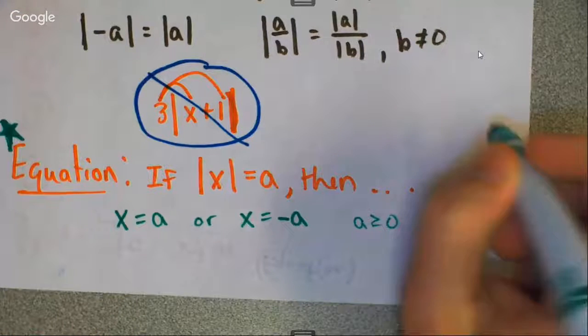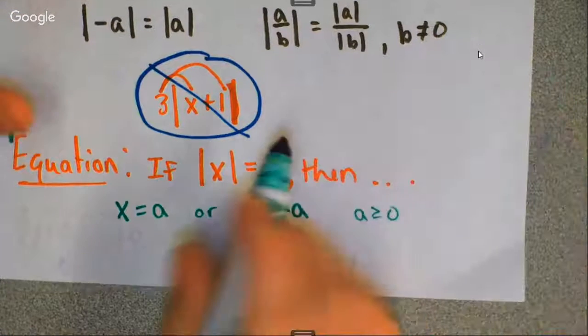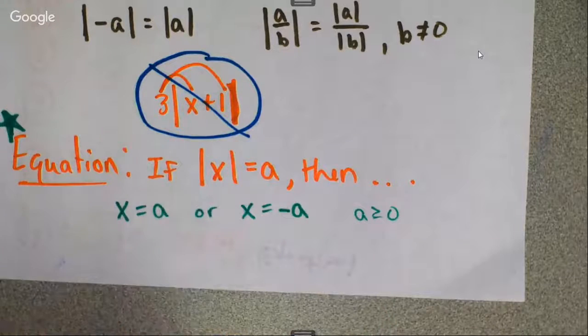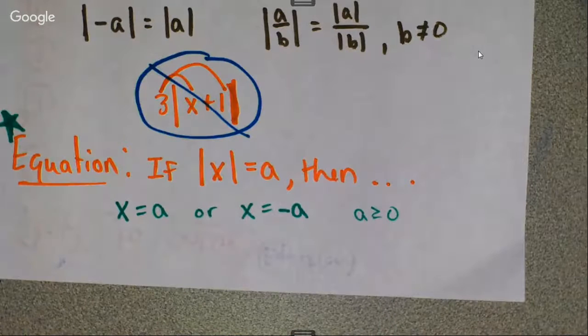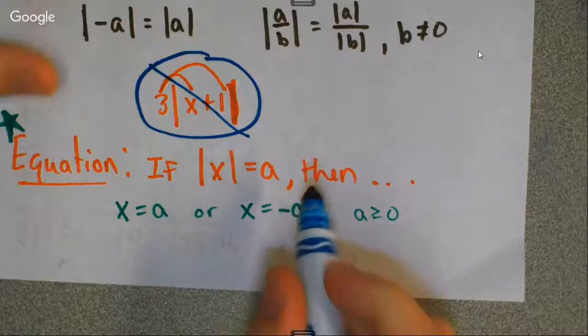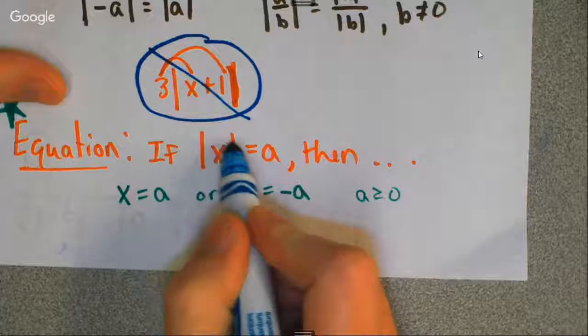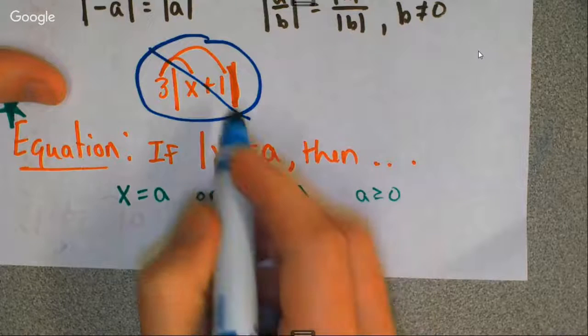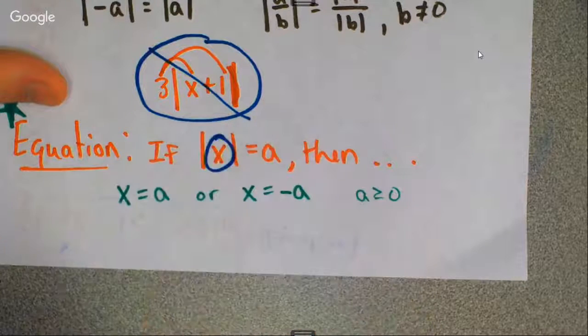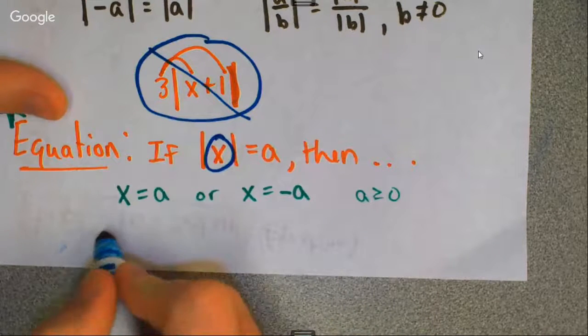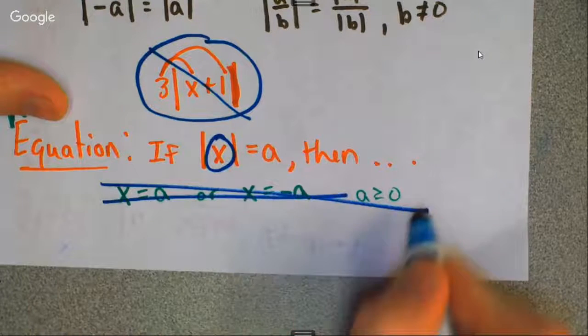I also like to look at it like this, and this is a little bit easier as you move on to some harder problems. This value in here, in order to be a, can either be positive or negative. So I like to look at it instead of this way, like the book has it.